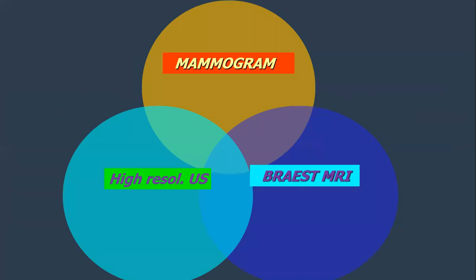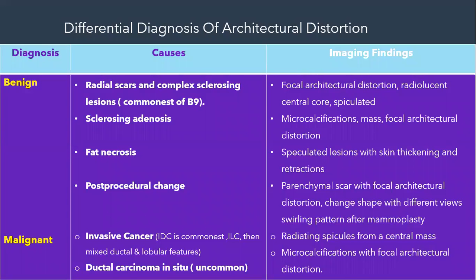Okay, so at the end, just to remind you, the differential diagnosis for architectural distortion: the commonest benign causes are radial scar and complex sclerosing lesion. These are the commonest. Then sclerosing adenosis, fat necrosis, post-surgical.